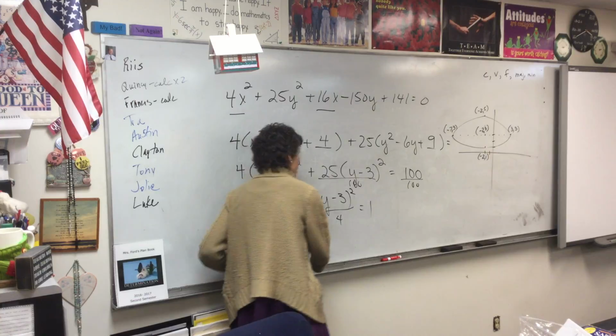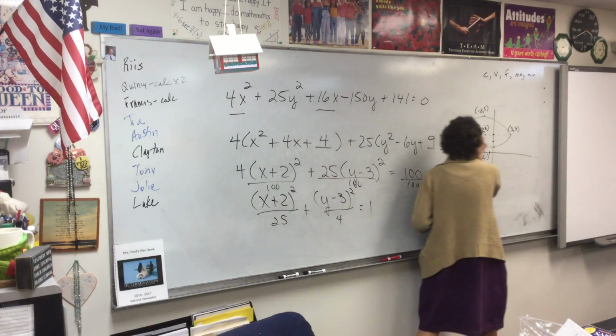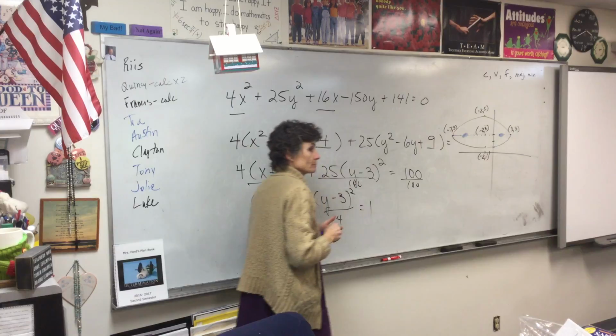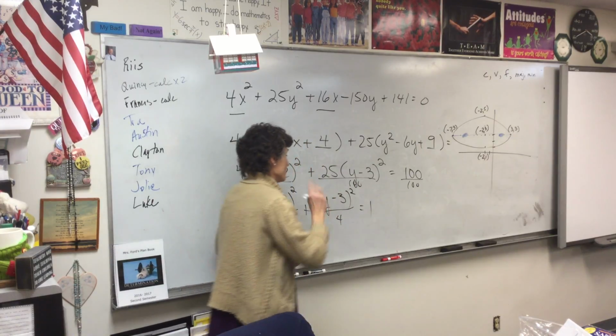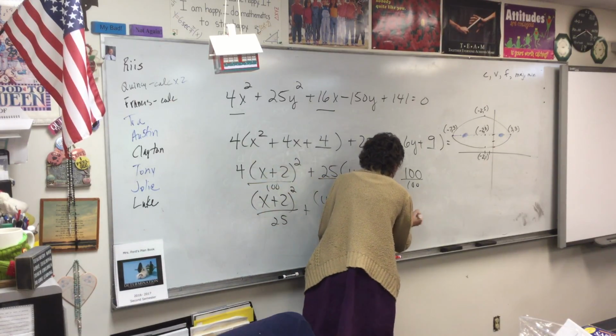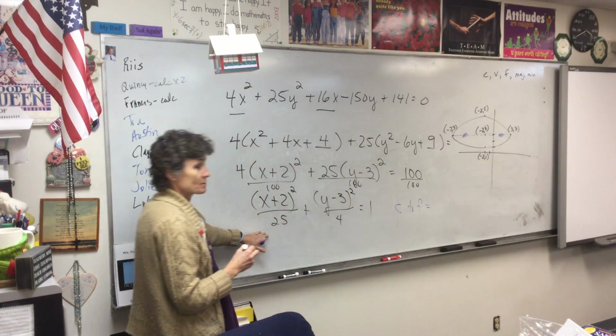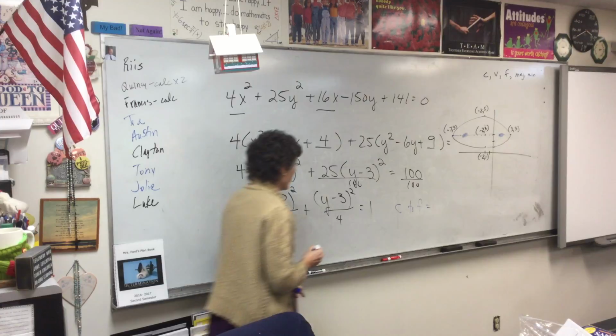My foci are on the major axis, right? How far on the major axis? What's the distance from the center to the focus in this ellipse? Root 21.